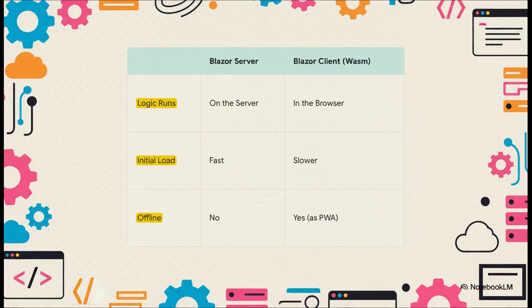The browser's kind of like a dumb terminal, and all the UI updates are zapped back and forth over a live connection. This makes the initial page load super quick. Then there's Blazor Client. Here, your entire app and even a mini .NET runtime gets downloaded and runs right inside the browser using that WebAssembly magic we just talked about. This is awesome because it means your app can work even if you're offline. The only trade-off is that the first load can be a little slower.